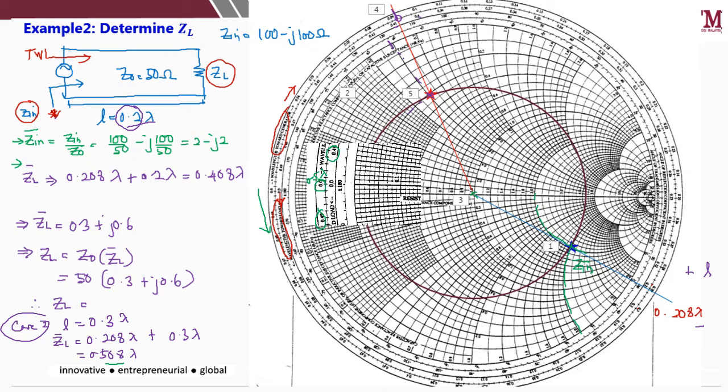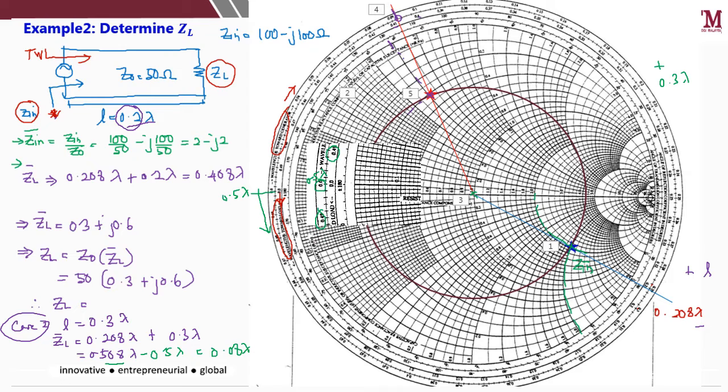From this position, plus 0.3 plus 0.3 lambda, up to this point you get 0.5. So the remaining is 0.508 minus 0.5 lambda, so you need to extend the line for 0.008 lambda further.